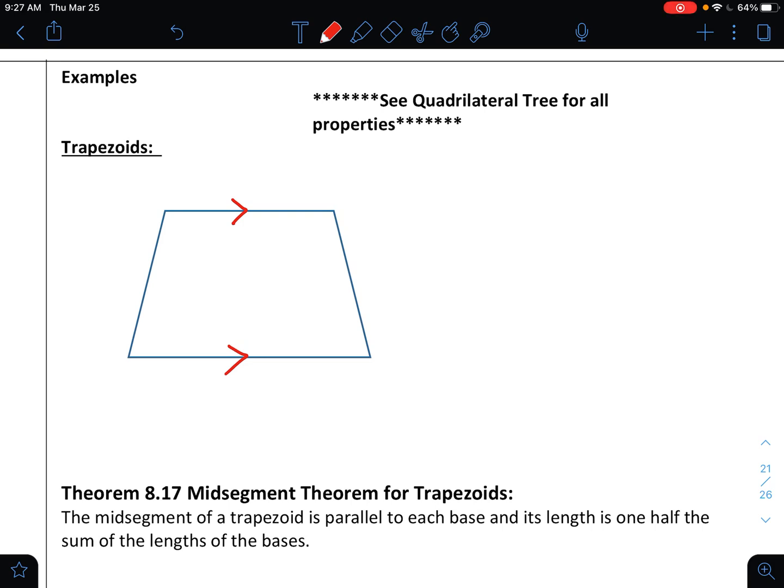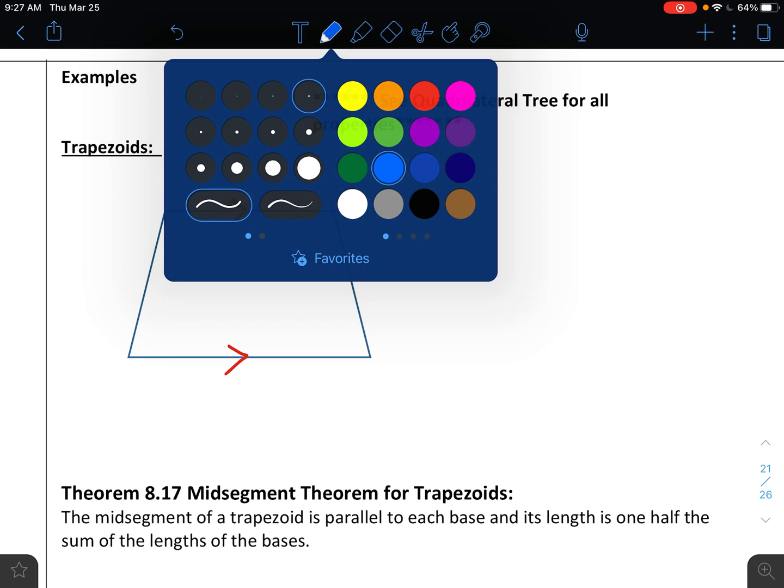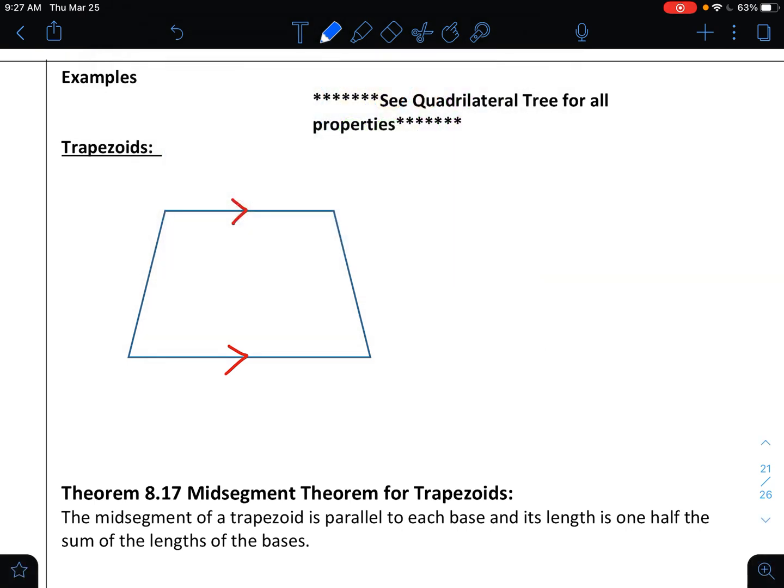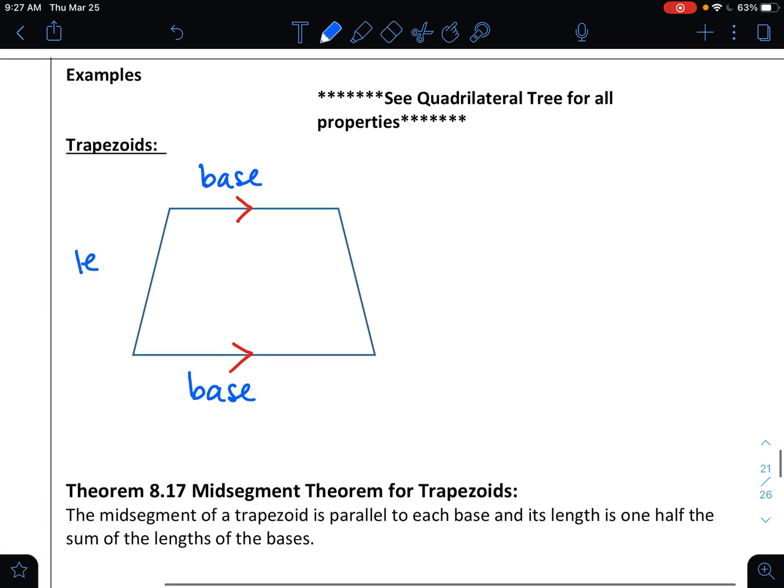One set of opposite sides are parallel. Now, we have some vocabulary here. So the two parallel sides are called bases. So I'm going to write base above the top one, base above the bottom. The non-parallel sides are called legs. So in this picture, the left and the right are the legs. Now you can rotate this trapezoid around. It doesn't have to always look like this.